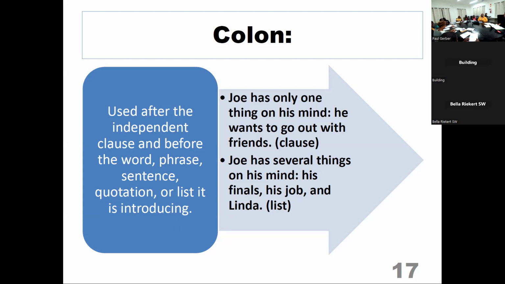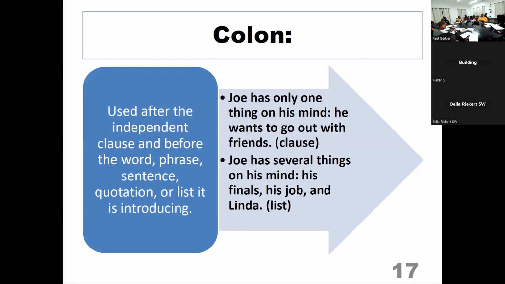Then you have quotations. You know what a quotation means, when you are writing the exact words of the person, the quote that somebody said. So you put those in quotation marks, right? So it says that it comes before a quotation also. Okay, we'll use the colon.